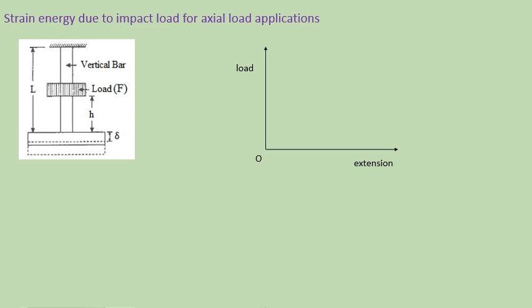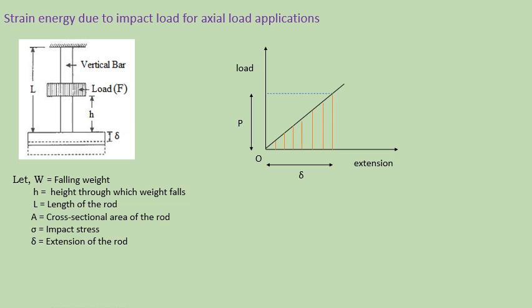In practice, the striking body does not transfer all energy to the rod. So if we plot the load extension diagram by taking extension along the x-axis and load along the y-axis, we will get a straight line like this. So the area under this graph gives the work done.